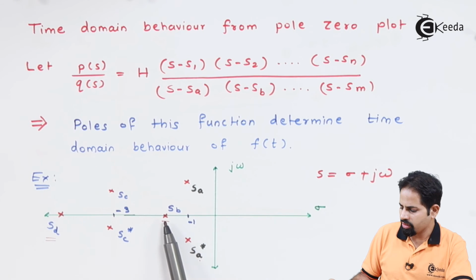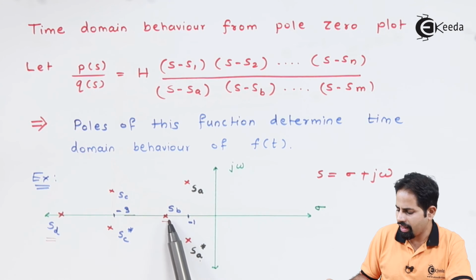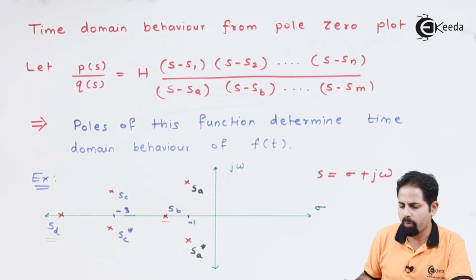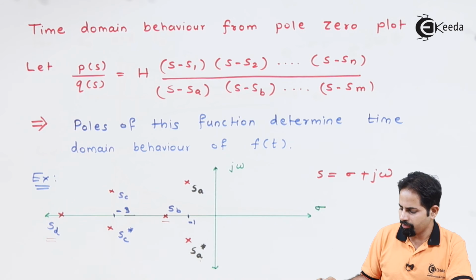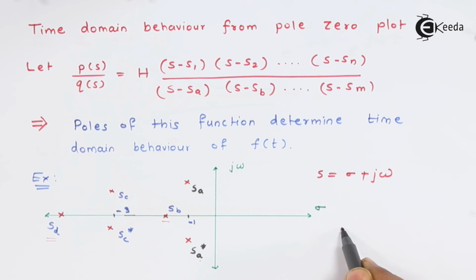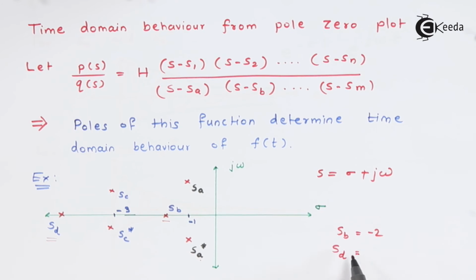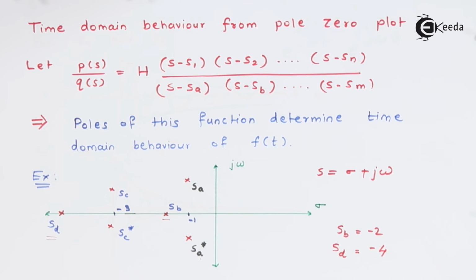Now what about these poles SB and SD? You can see that this SB pole is nearer to the j omega axis and it has only a real part. So the pole is something like s minus 2. This SB can be -2, and SD, suppose it is equal to -4. So SB will decrease at the -2 rate, e raised to -2t, and SD is going to decrease at double the rate.